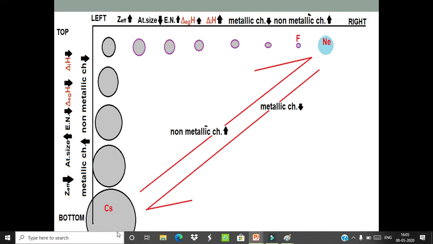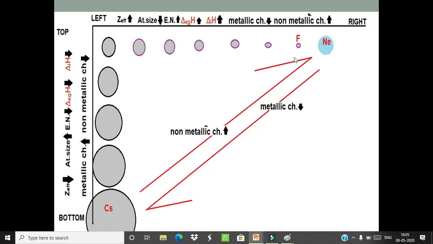We never include francium, because it is a radioactive element. So we conclude that if you move from top to bottom, the atomic size gradually increases. And if we move from left to right inside a period, then atomic size decreases due to the increase in Z effective. So you can explain it.